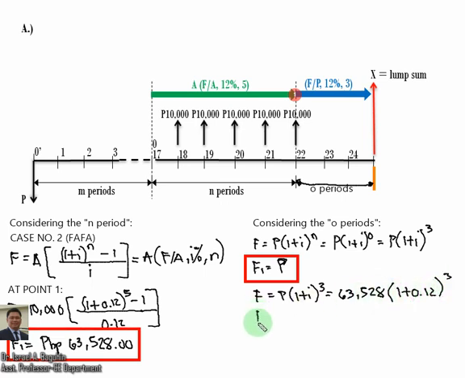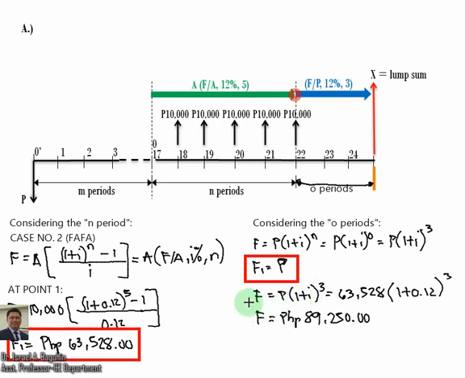So if you're going to calculate the value of our F here, it is equal to 89,250.00, okay?